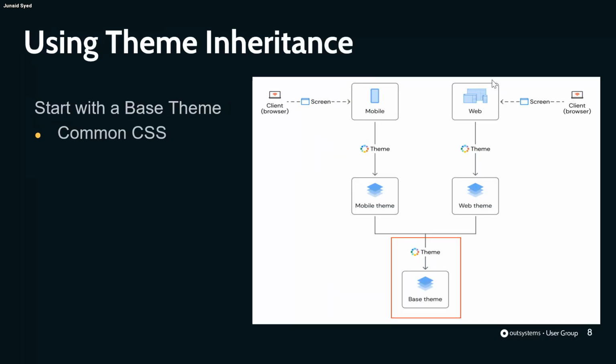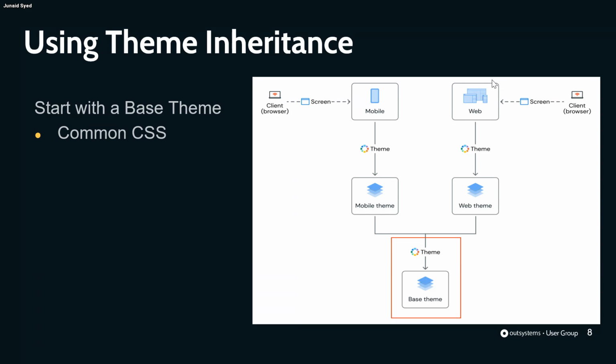Now if we expand our scenario, let's say we have the same directory application, and it has two versions. There is a mobile version and there is a web version. Now for mobile and web, again we want them to use the same color combination, certain logos and so on, right?